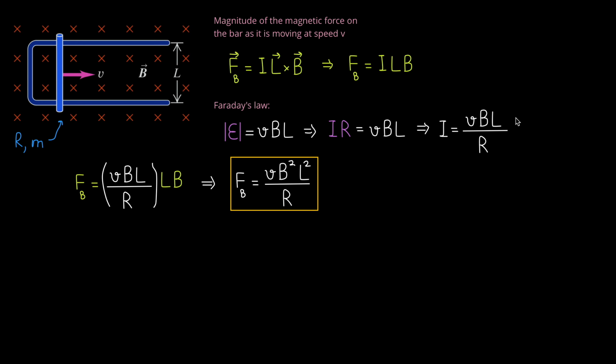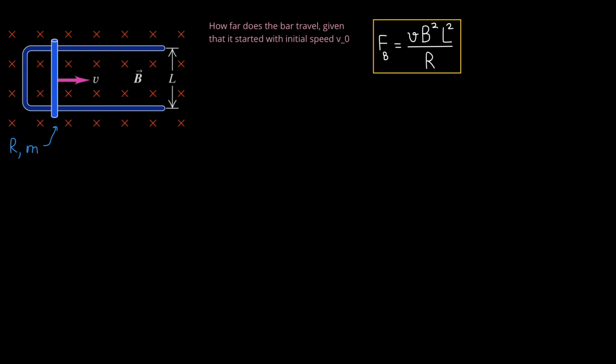Finally, we substitute this expression for I back in the formula that we came up with for the magnetic force F sub B right here, and simplify. We get F sub B equals v times B squared times L squared divided by R.